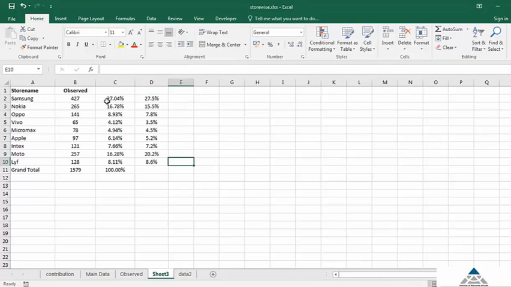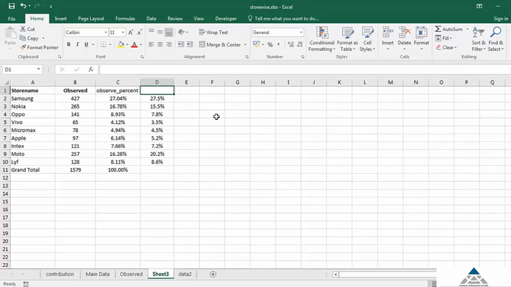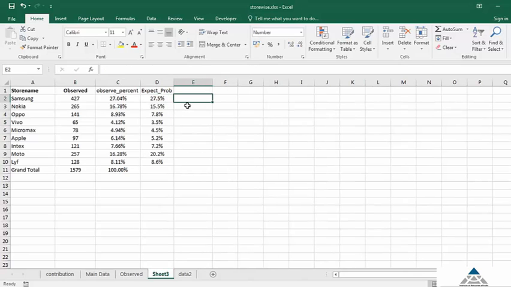This should have been the distribution if the null hypothesis is true. We name the two variables as observed percentage and expected probability. Now we will calculate the expected frequencies by multiplying the total number of units sold with the respective percentage value for each of the brands.